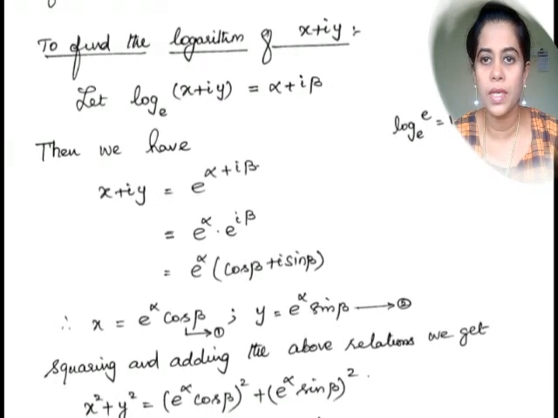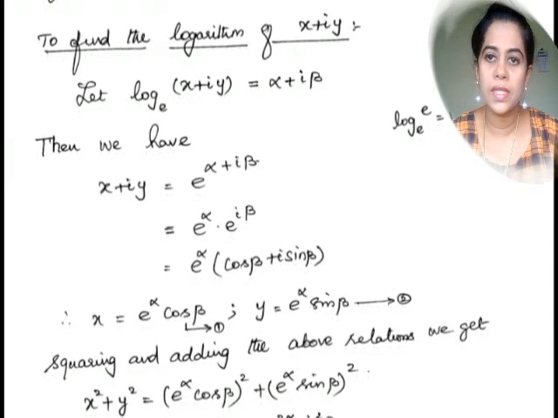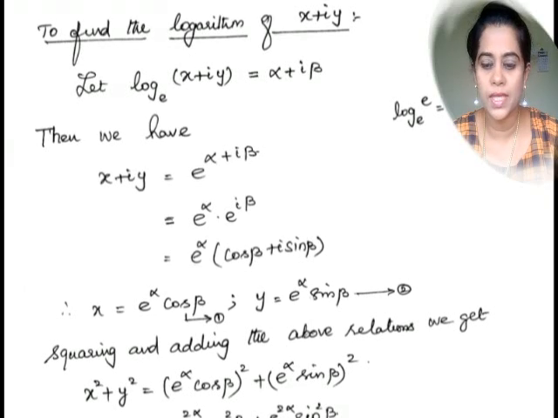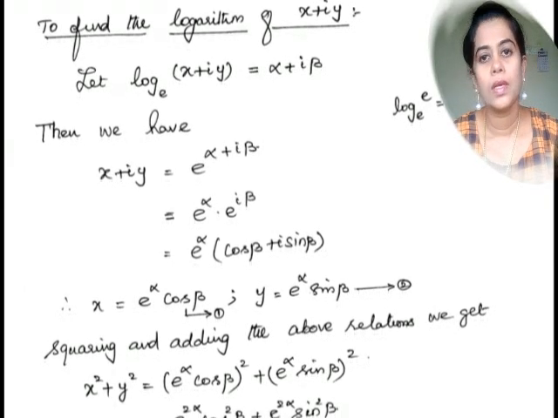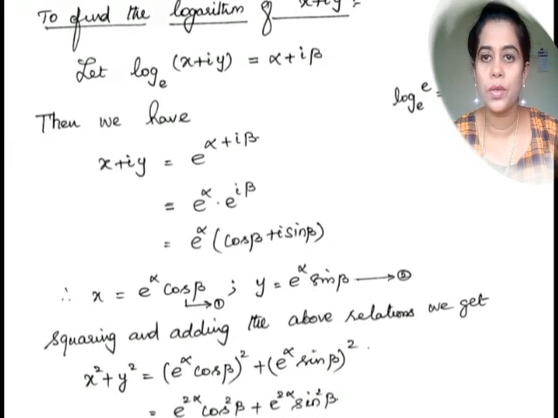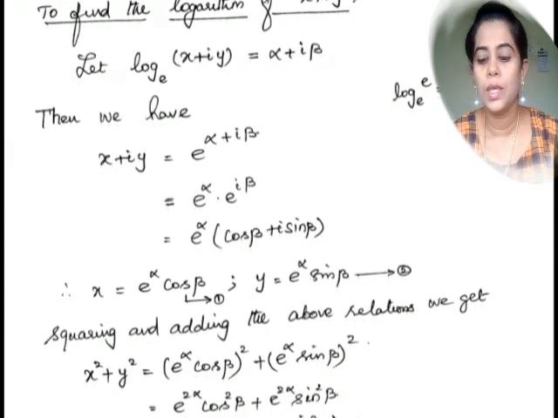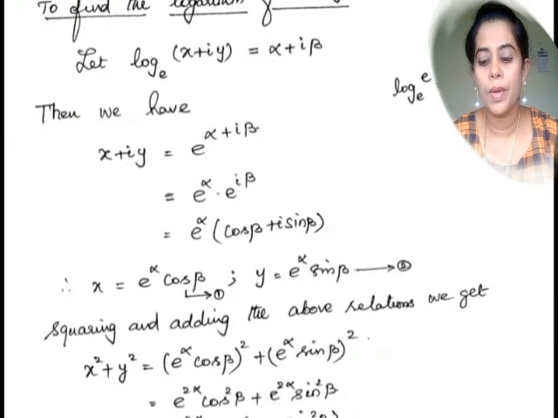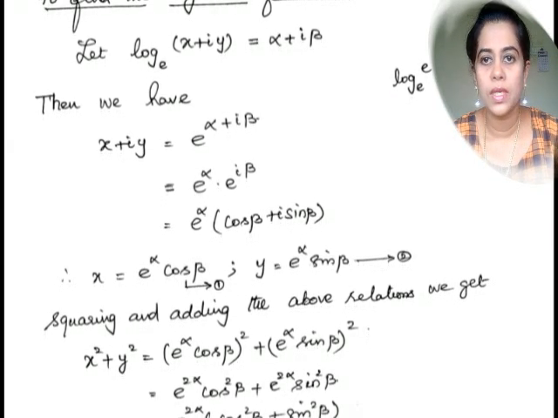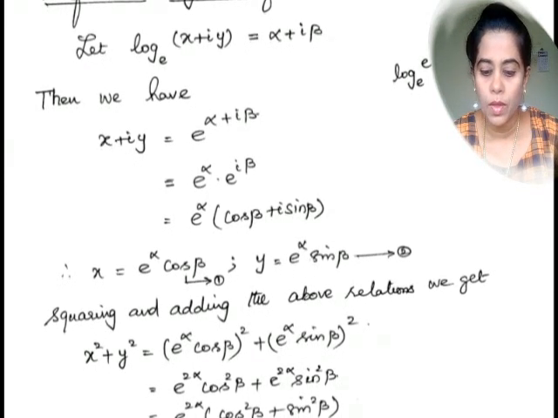So e power i beta is cos beta plus i sin beta. Then equating the real and the imaginary parts, we get x is equal to e power alpha cos beta and y equal to e power alpha sin beta, considering these two as equations 1 and 2.